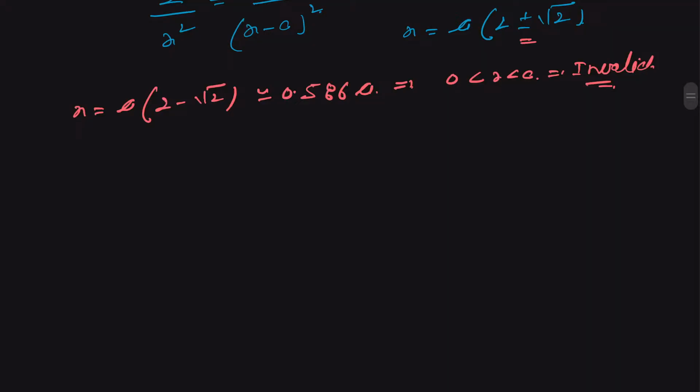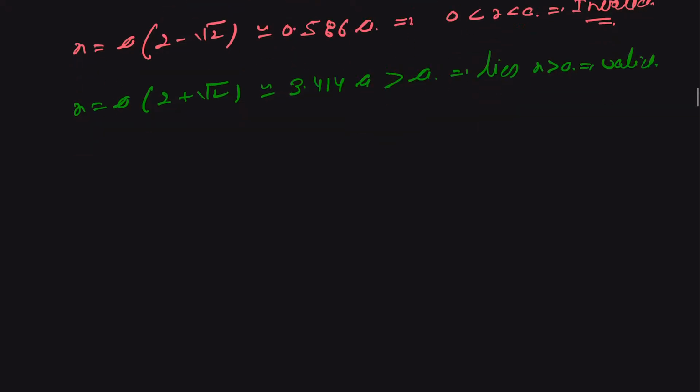And next is a times 2 plus square root of 2, and that will be approximately equal to 3.414 times a, which is obviously greater than a. Okay. So it means it lies x greater than a, and this is valid.